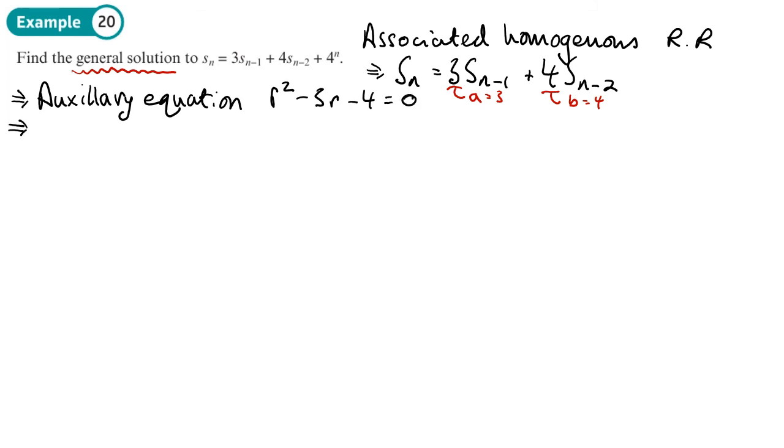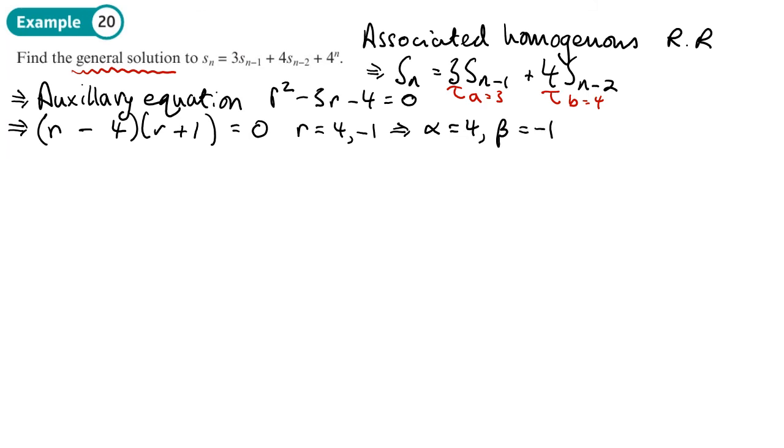Now this can be factorized like this, and it's going to be 4 and 1, and minus 4 plus 1. So we have r equals 4 and minus 1. So my roots are, I call alpha equal to 4 and beta equal to negative 1.